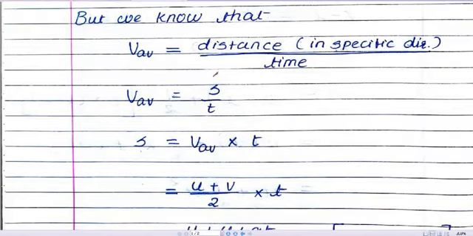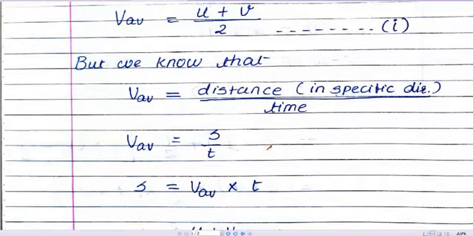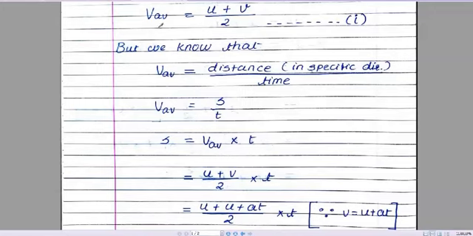Now, if I keep s here and take t to the other side, s will become average velocity multiplied by time. But we know the value of average velocity: it is (u plus v) upon 2. So instead of average velocity, I'll put (u plus v) upon 2, and this t will remain the same.